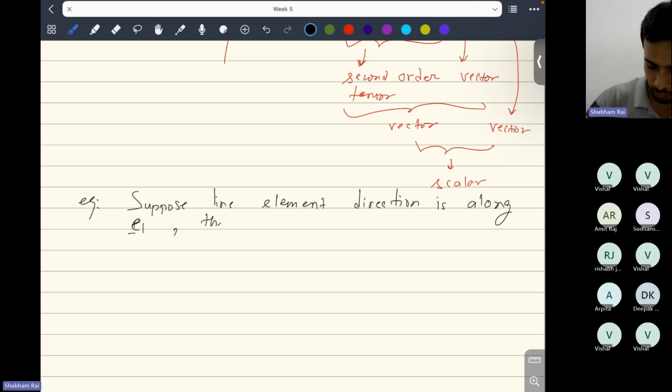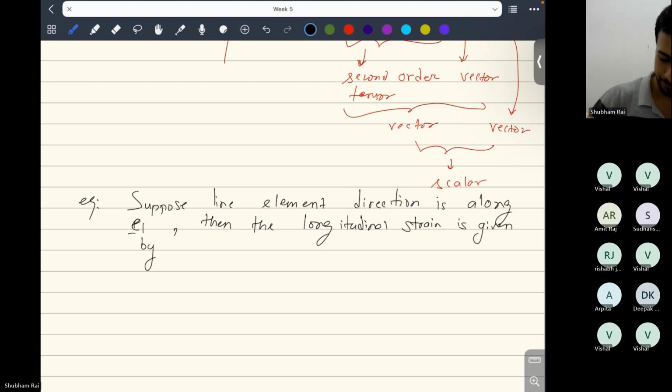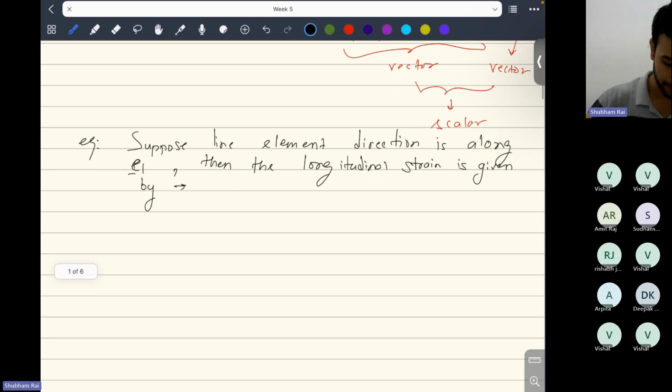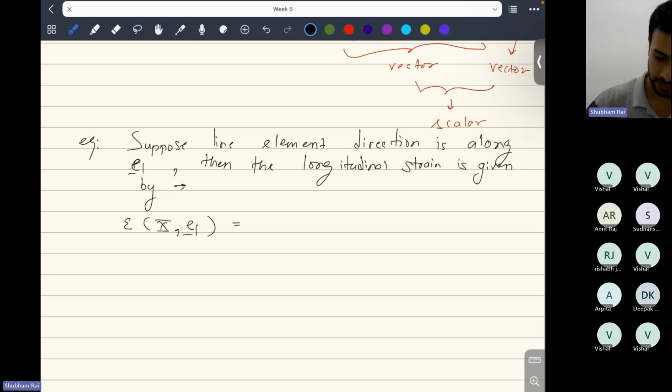Then you have to find the longitudinal strain. The longitudinal strain is given by epsilon x comma E1.